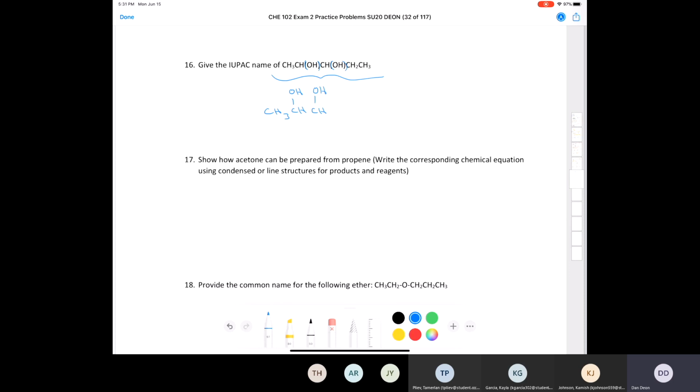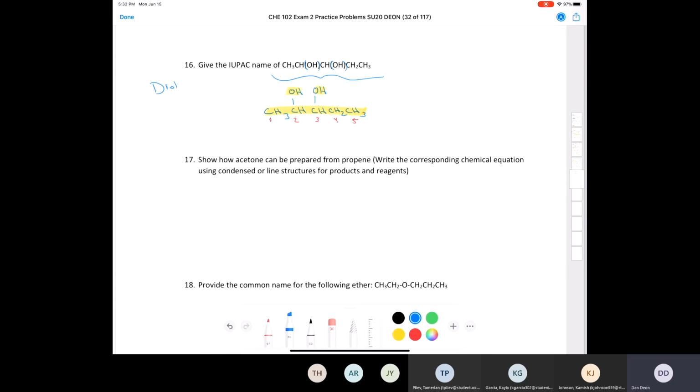Then we have a methylene, a CH2. Then we have a CH3. So this is a diol because it has two hydroxyl groups, right? 1, 2. We want to number it such that we give those hydroxyls the lowest possible number. So we're going to do 1, 2, 3, 4, 5. And the longest carbon chain has 5 carbons, so it must be a pentane diol.